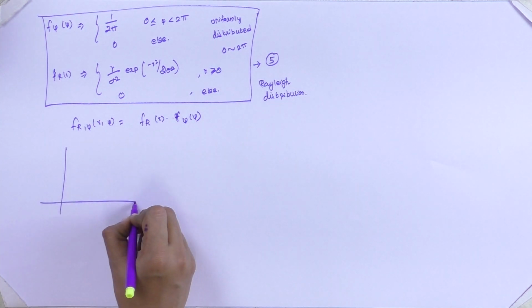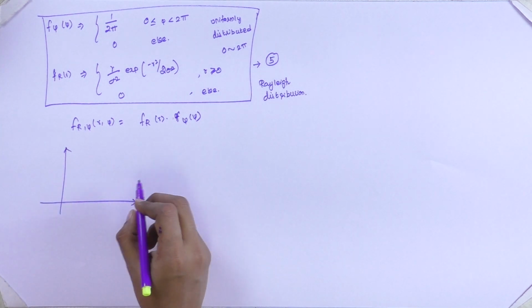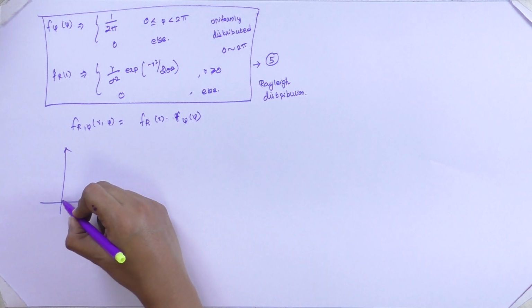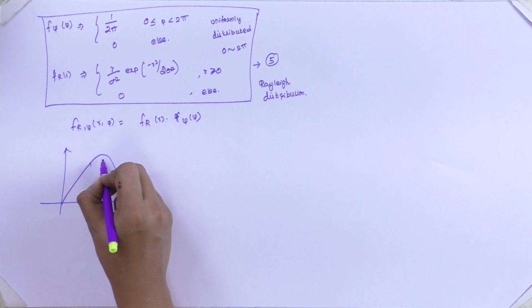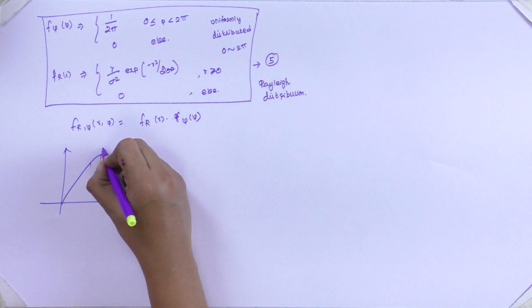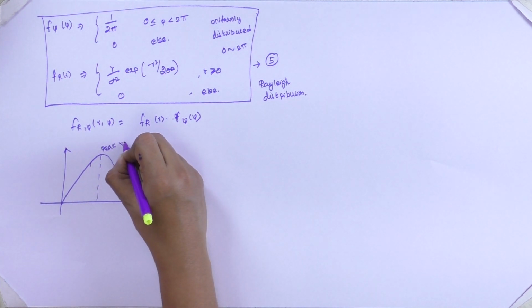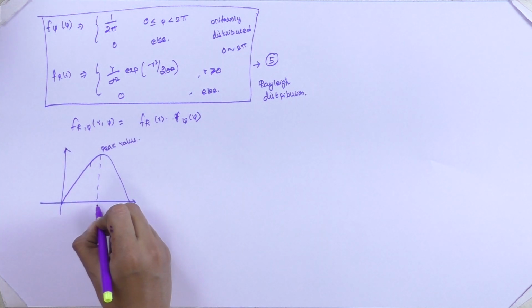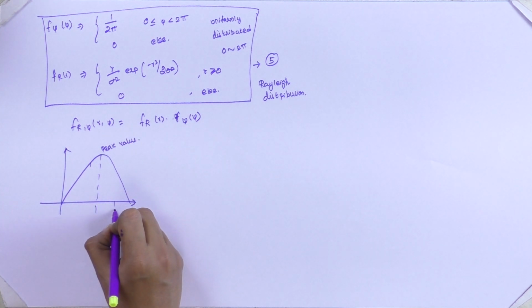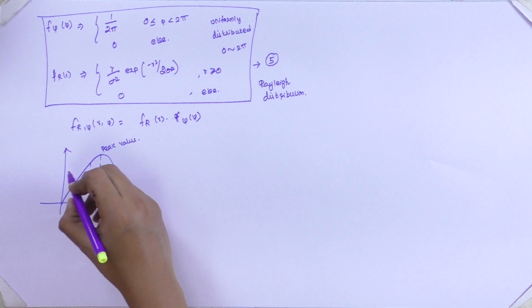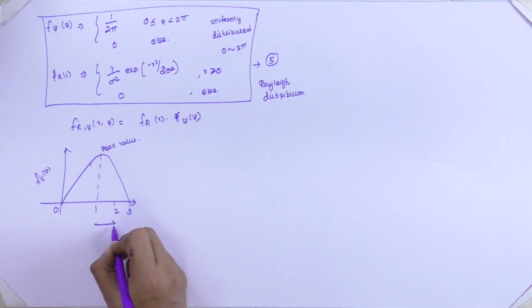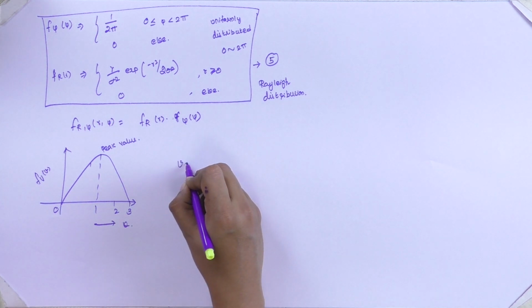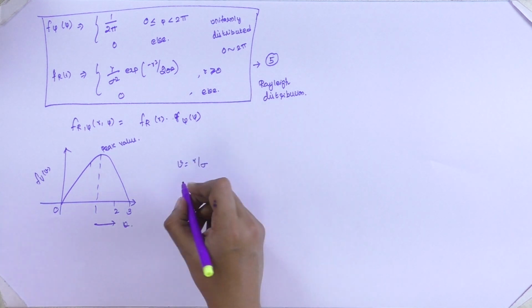The graphical structure for the normalized Rayleigh distribution is this, the peak value at 1, and this is 2 and 3, f_V(v) with respect to v. What does small v stand for? Small v is equal to r by σ.